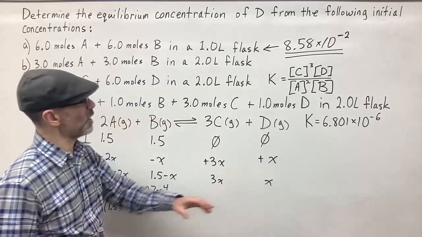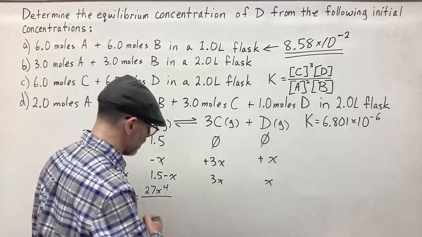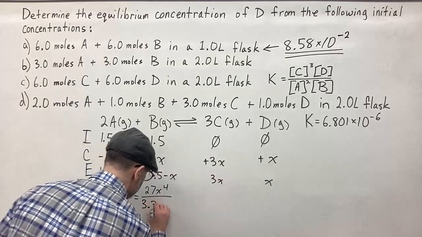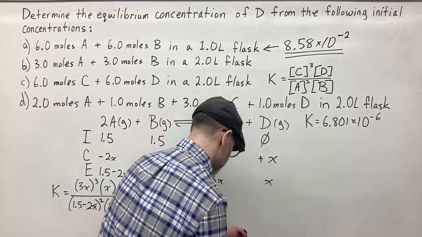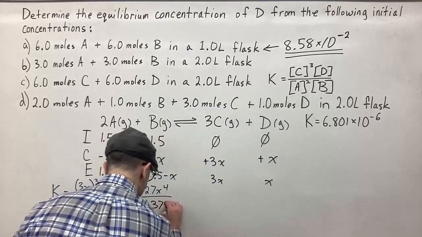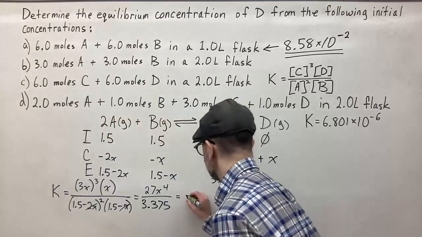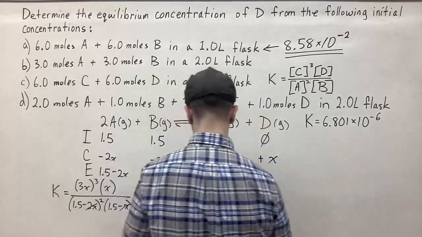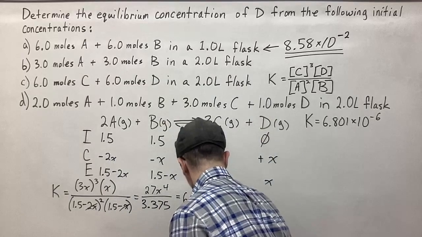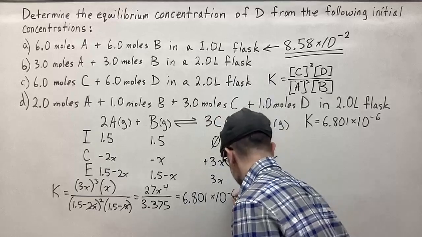Okay, back to this problem here. So this is going to be on the bottom 3.375, and again, this is going to be equal to K, 6.801 times 10 to the negative 6.